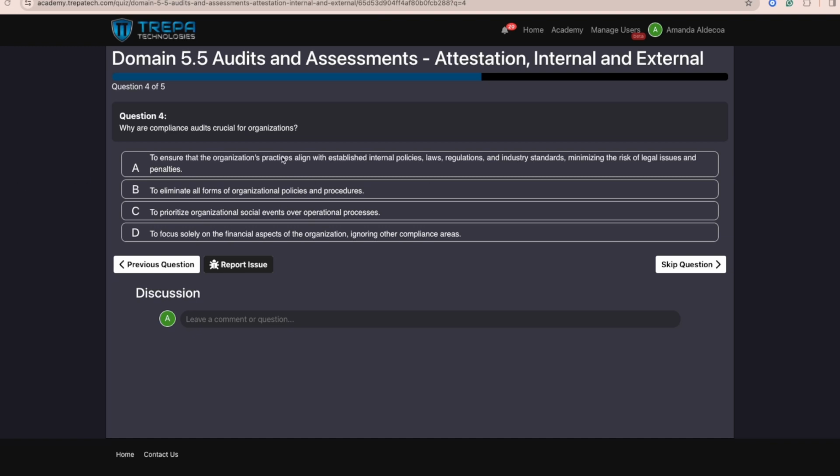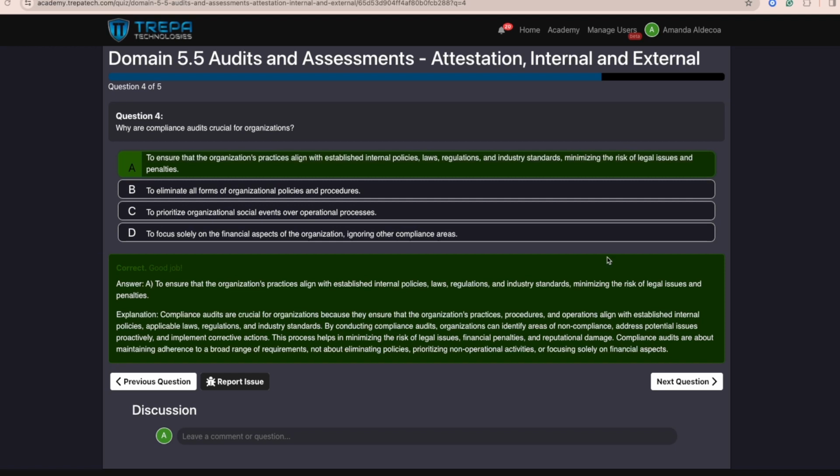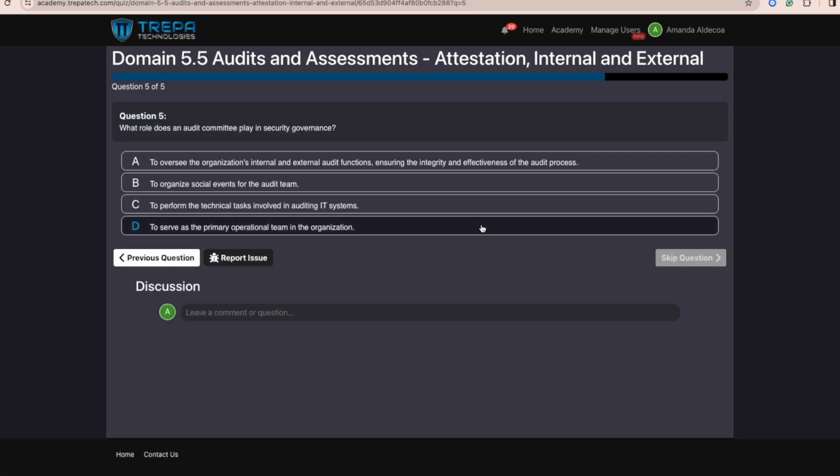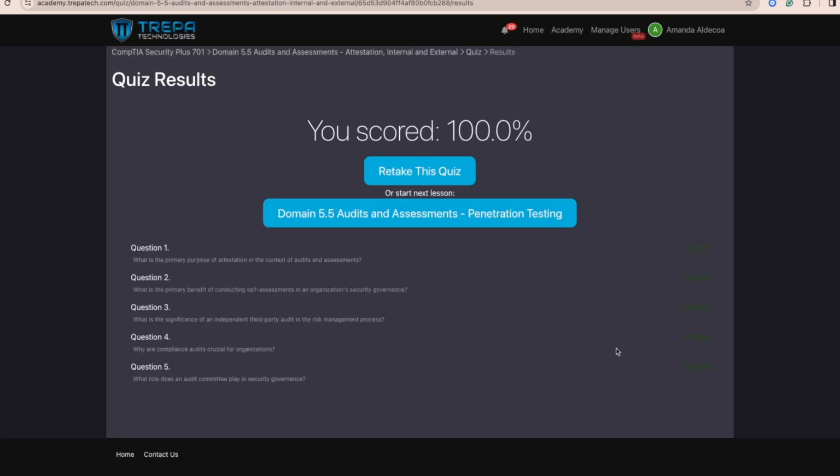We're going to go with A. To ensure that the organization's practices align with established internal policies, laws, regulations, and industry standards, minimizing the risk of legal issues and penalties. Last question, question 5. What role does an audit committee play in security governance? That is going to be A, to oversee the organization's internal and external audit functions, ensuring the integrity and effectiveness of the audit process. All right, guys, 100%. Now let's go ahead and continue in our next video with Domain 5.5, penetration testing.